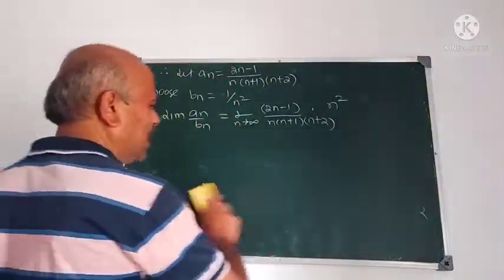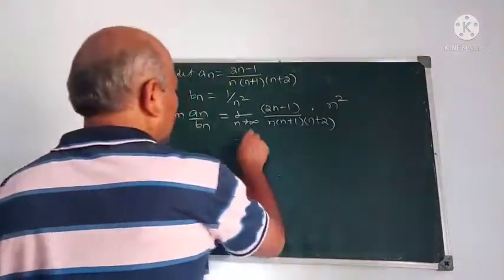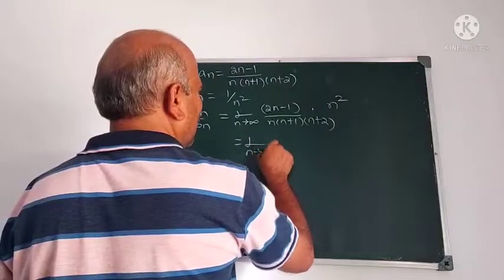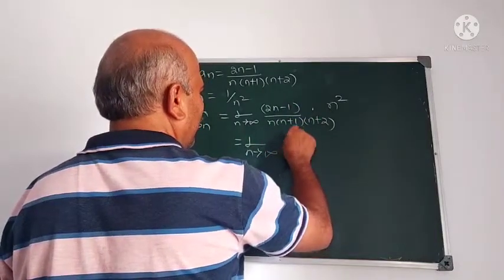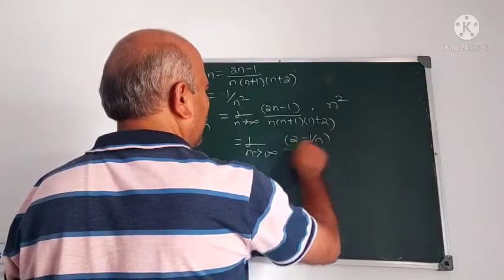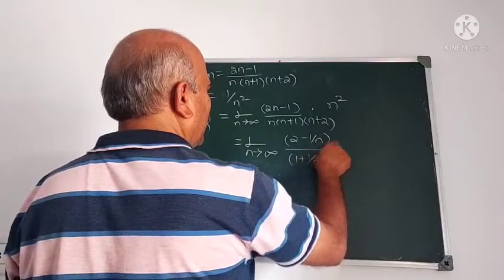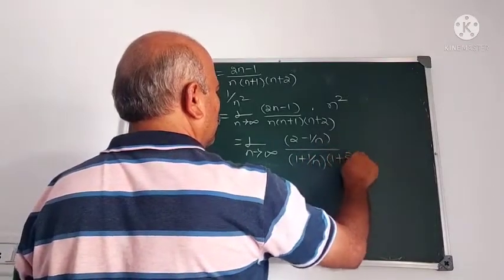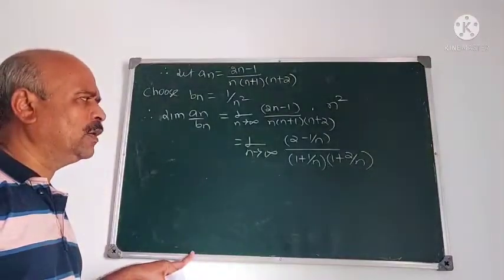Now the convergence or divergence depends on this limit. It is limit n tends to infinity, divide numerator and denominator by n cube. You will get 2 minus 1 upon n divided by 1 plus 1 upon n into 1 plus 2 by n.